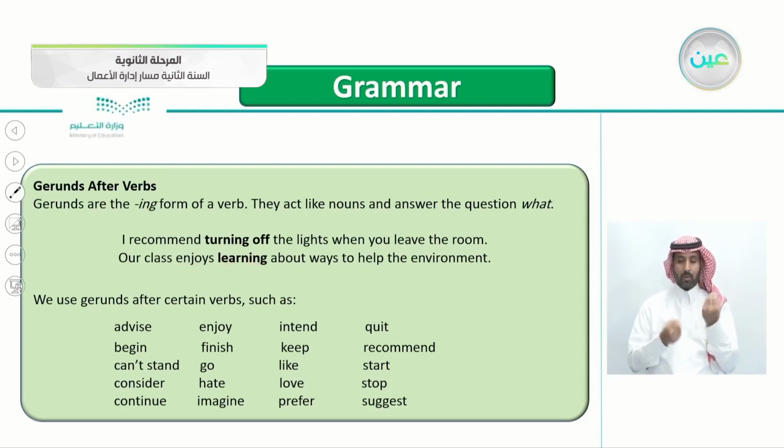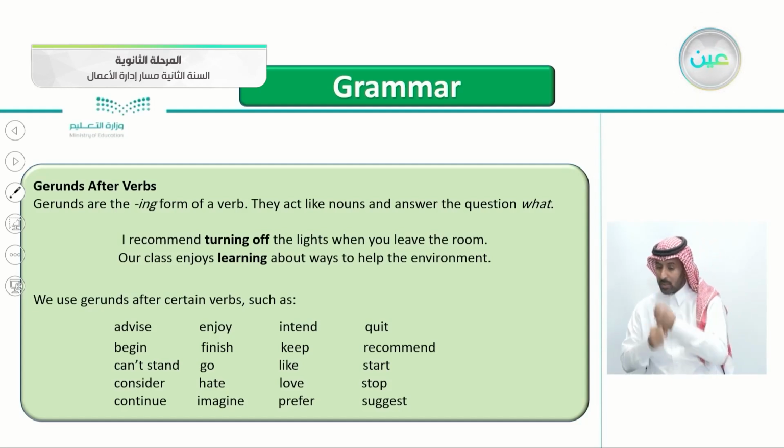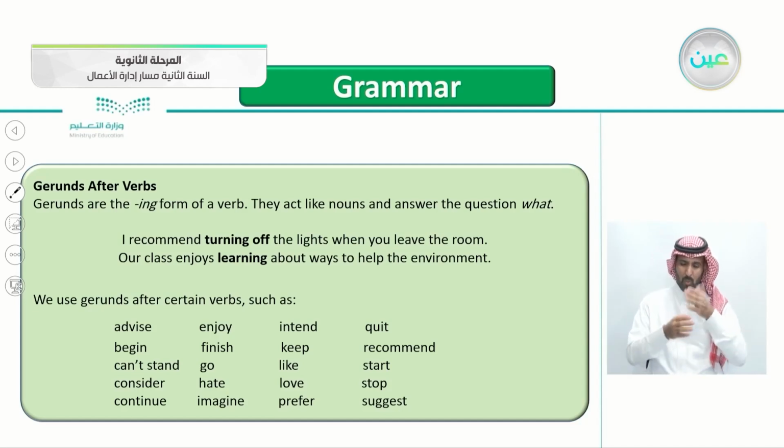So we can use gerunds after certain verbs such as, and all of these are just examples and not the whole list of verbs: advise, begin, can't stand, consider, continue, enjoy, finish, go, hate, imagine, intend, keep, like, love, prefer, quit, recommend, start, stop, and suggest. So all of these verbs come before the gerund, or you can say the gerund comes after these verbs. You can say I enjoy playing, I intend going, I quit smoking, and so on.